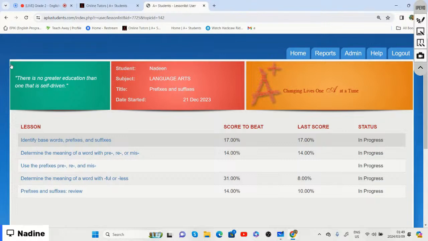All right. So this is now the end of our lesson on prefixes and suffixes, right? We had to determine the meanings of the words full and less. Full means full of, less means without, right? And we said a prefix is a word part that is added to the beginning of a base word, and a suffix is a word part that is added at the end of a base word.